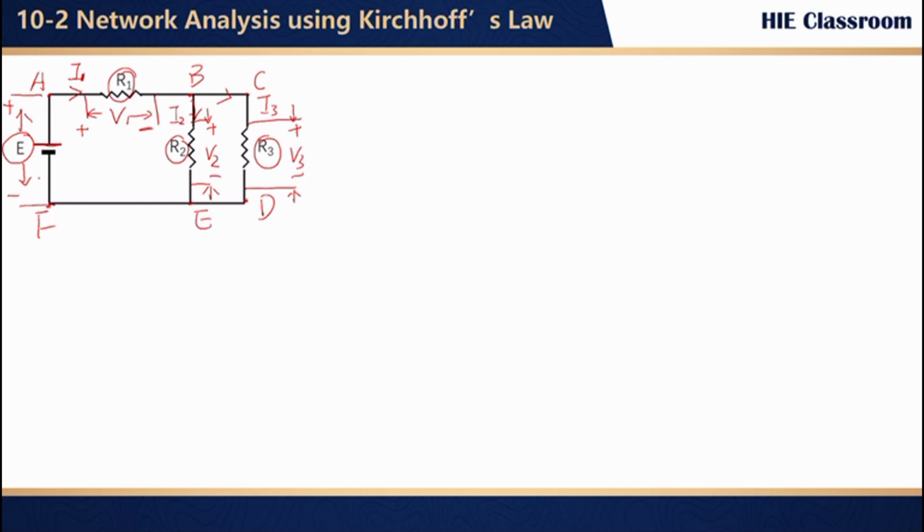First, we need to identify the closed loop. The first loop we can find is here, from A, B, E, F.